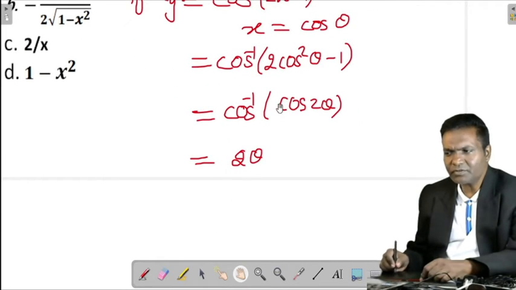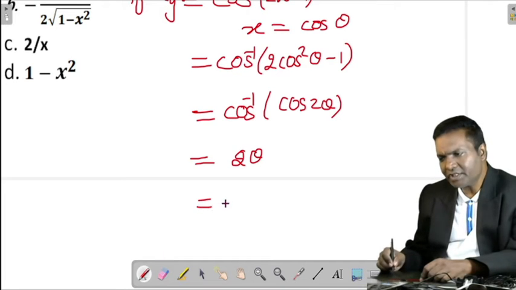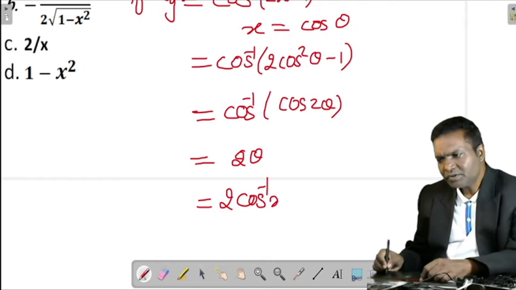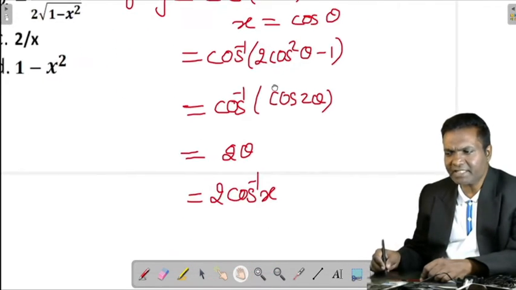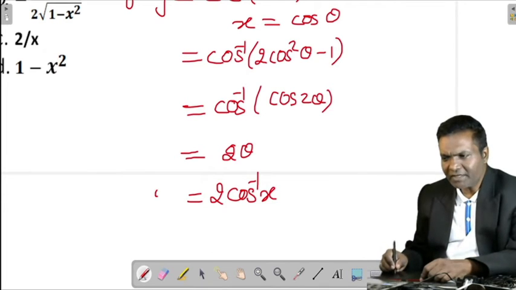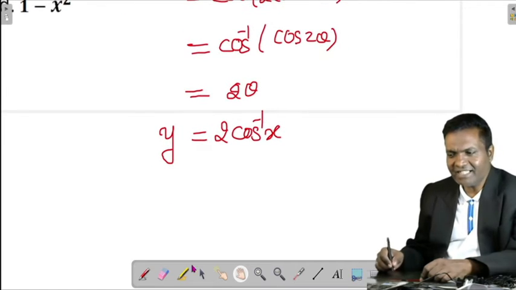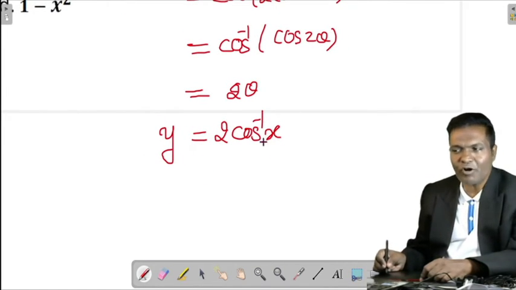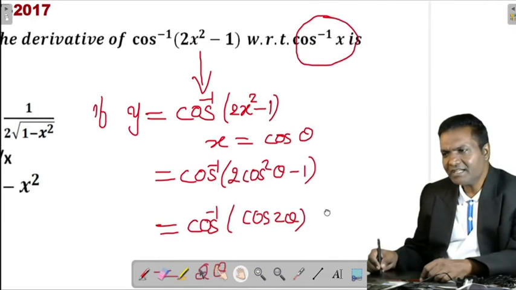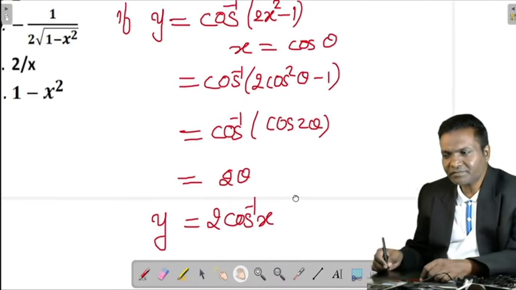Cos inverse of cos 2 theta, the cos inverse and cos vanish, and you will be left with 2 theta, and theta is your cos inverse x, because you made the substitution x as cos theta. So y is 2 cos inverse x. And see here, you want the derivative of this with respect to cos inverse x.